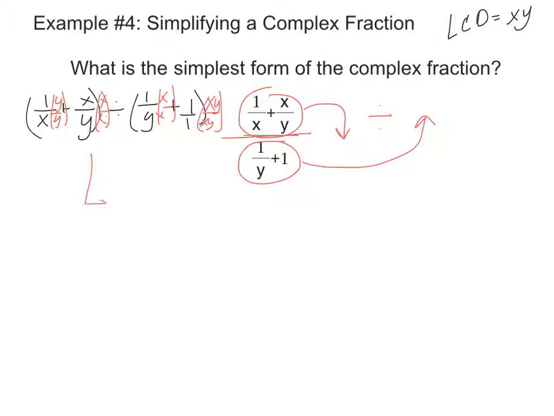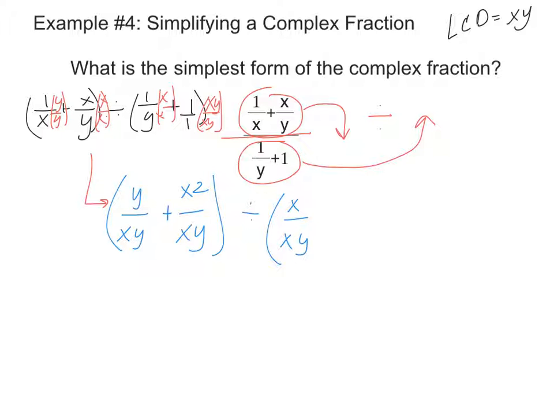Alright, so when I do that, I will get y for the first one over xy plus x squared over xy. Okay, that's the first one, divided by x over xy plus xy over xy. Okay, now that all the denominators are the same, let's simplify one step further and just add.